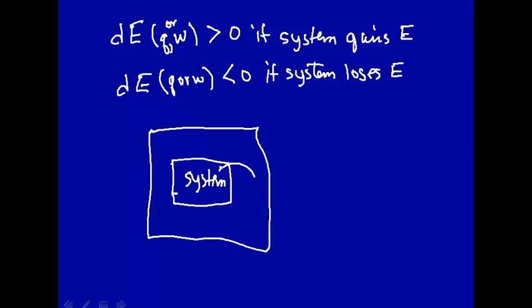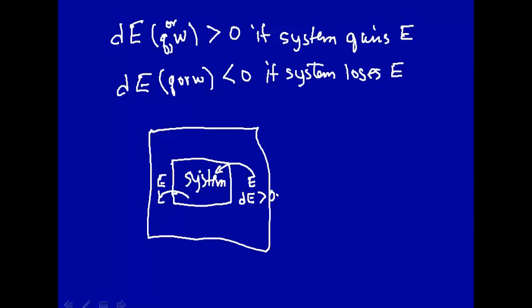In other words, if energy flows from the surroundings into the system, the system gains energy, and we'll say that the change in energy is greater than 0. So in this case, dE is greater than 0. If, on the other hand, energy flows from the system to the surroundings, the system has lost energy, so dE there will be less than 0.